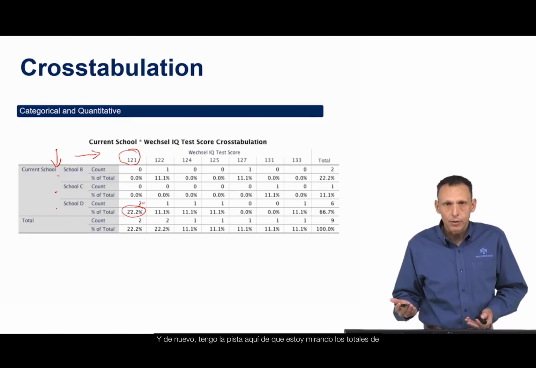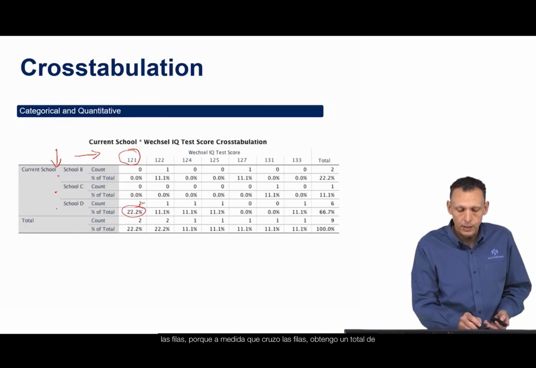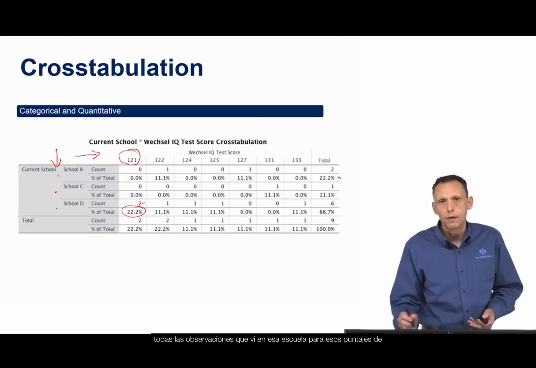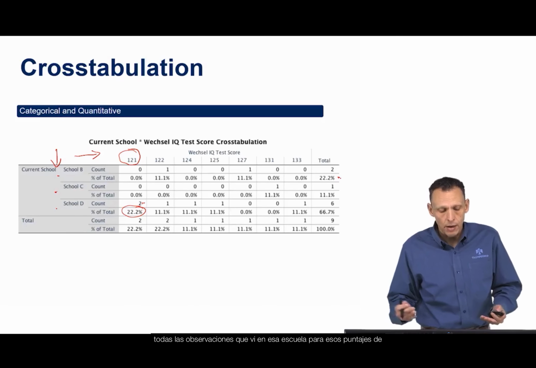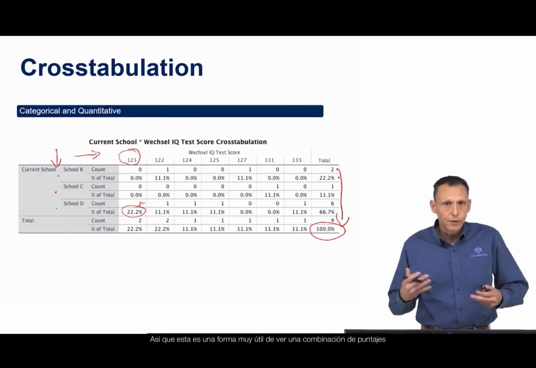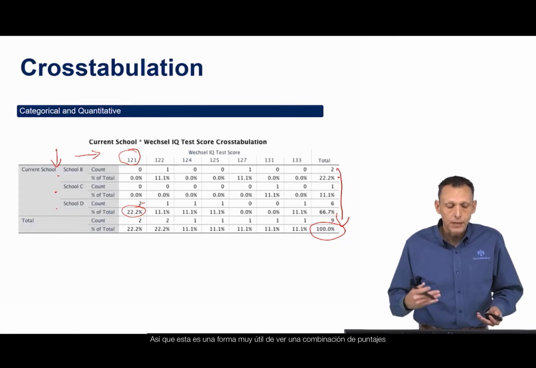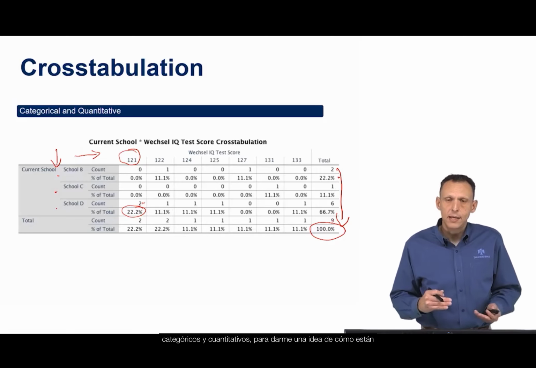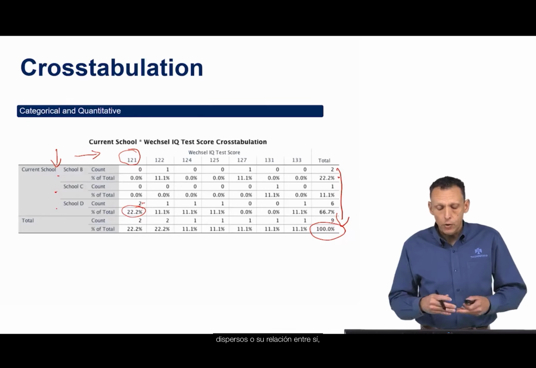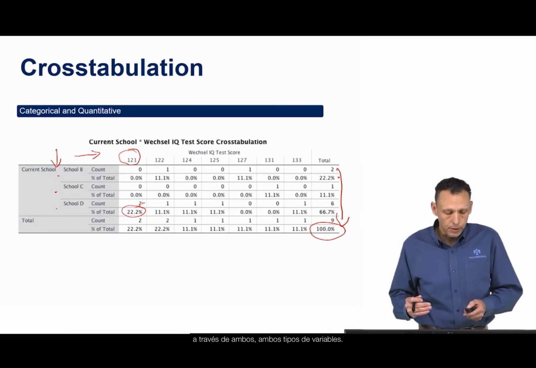And again, I have the clue here that I'm looking at row totals, because as I go across the rows, I get a total of all of the observations that I saw in that school for those IQ scores, and I can add those up and it gives me 100% total. So this is a very helpful way of looking at a combination of categorical and quantitative scores to give me an understanding of how they're dispersed or their relationship to each other across both types of variables.